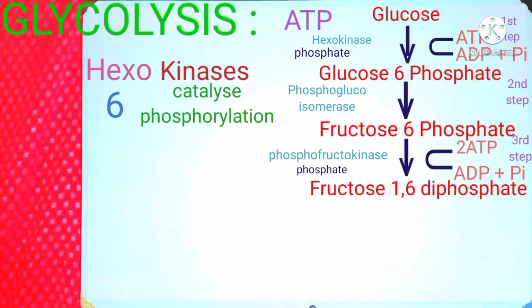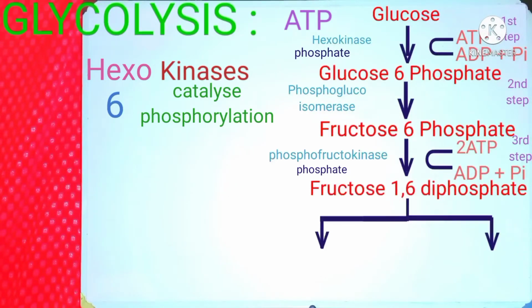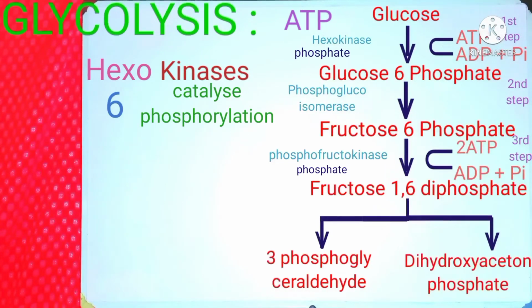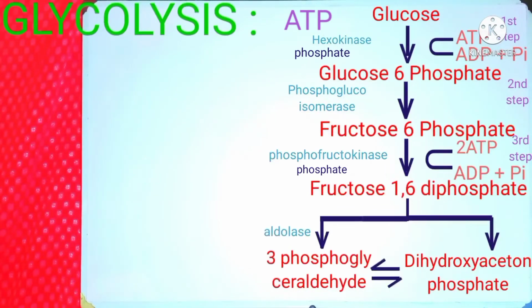Fructose 1,6-diphosphate is also known as hexose diphosphate. Fructose 1,6-diphosphate is then converted into two molecules that are 3-phosphoglyceraldehyde and dihydroxyacetone phosphate. In the presence of an enzyme aldolase, an equilibrium is established between these two compounds by interconverting into one another in the presence of an enzyme isomerase.